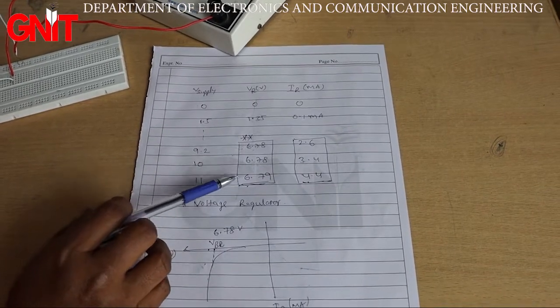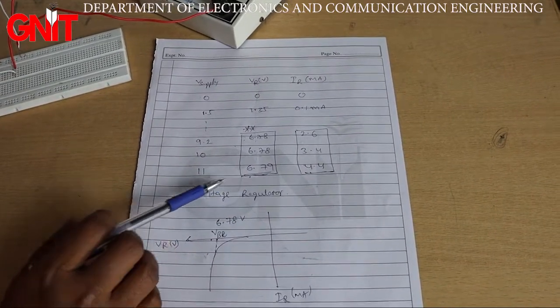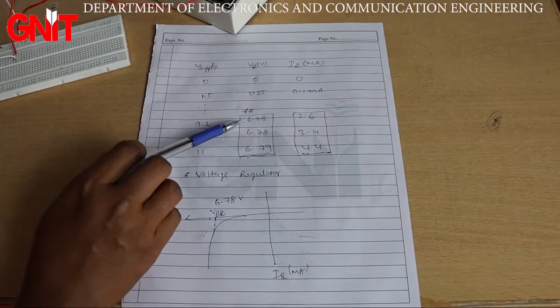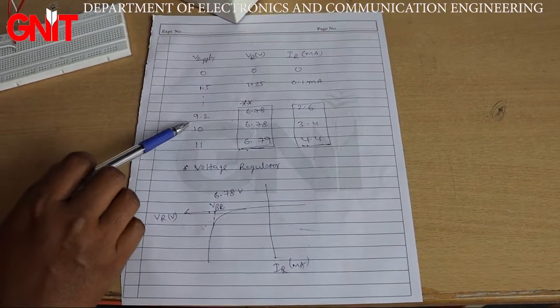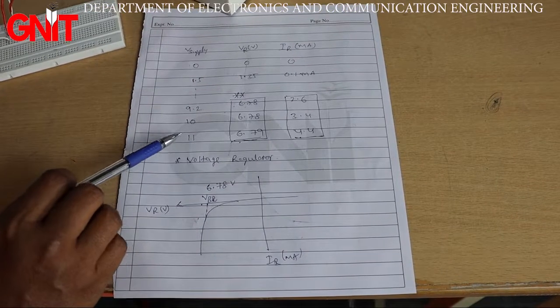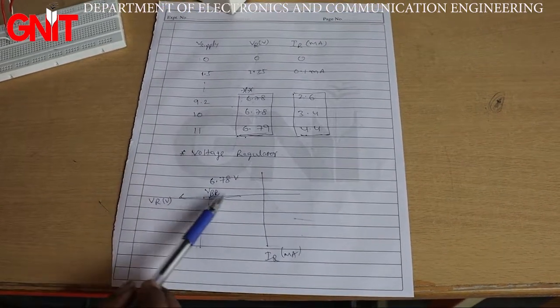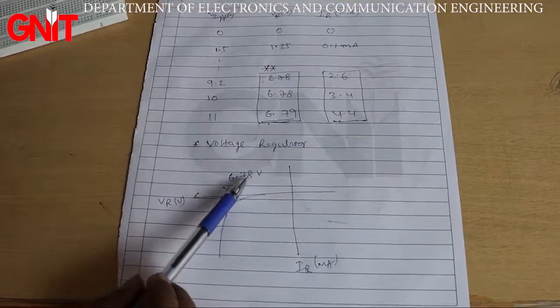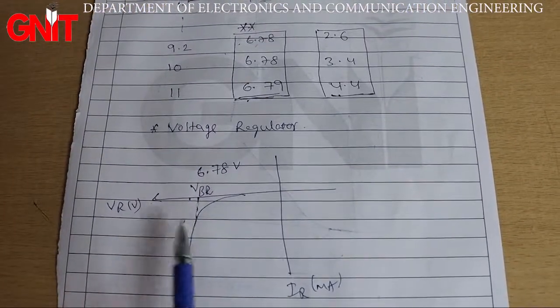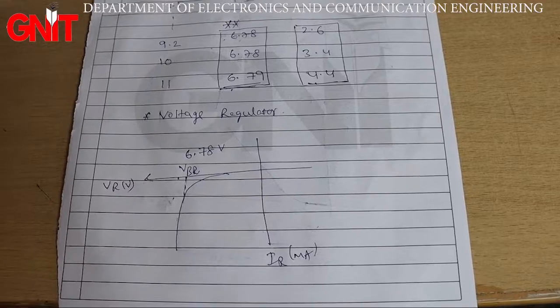This is the important feature where we use the Zener diode as voltage regulator. Voltage is regulated, controlled even after changing the external voltage. By using this we have drawn this graph. This is breakdown voltage at which we get the constant voltage and current is increased.